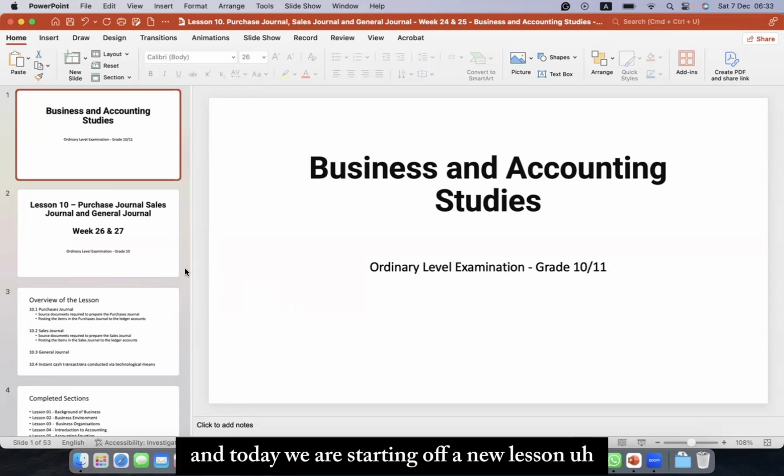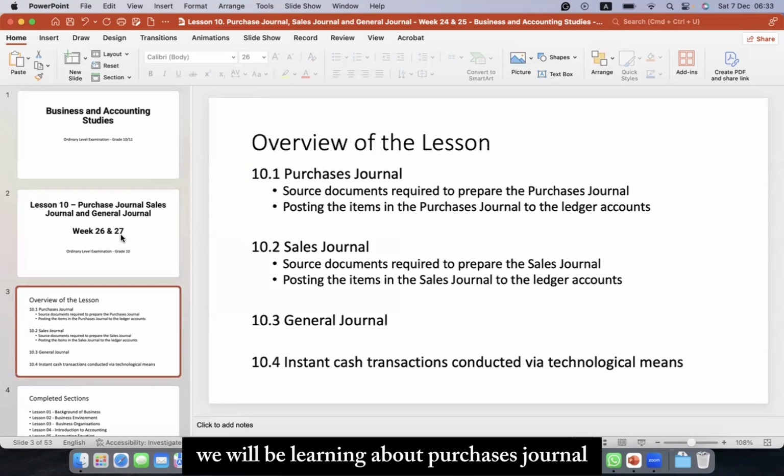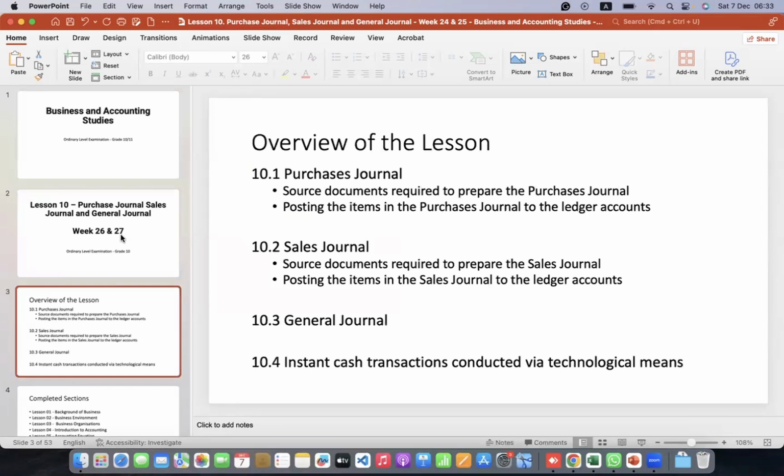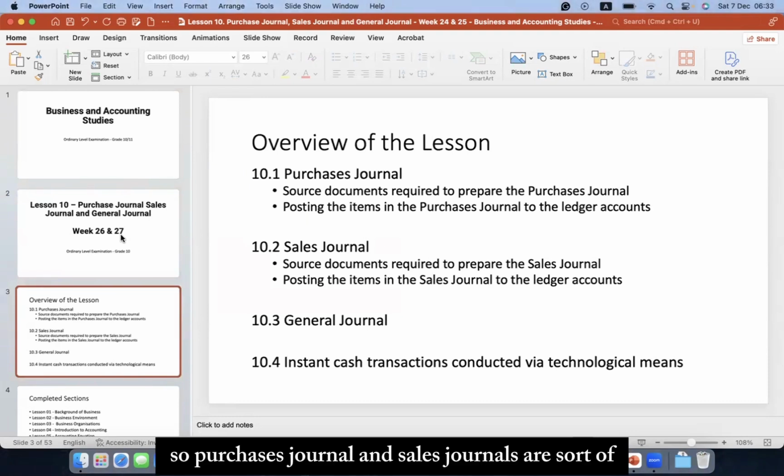And today we are starting off a new lesson, lesson number 10, purchase journal, sales journal, and general journal. We will be learning about purchases journal and sales journal and general journal. So purchases journal and sales journals are sort of like specialized or specified journals, whereas the general journal is a general journal.